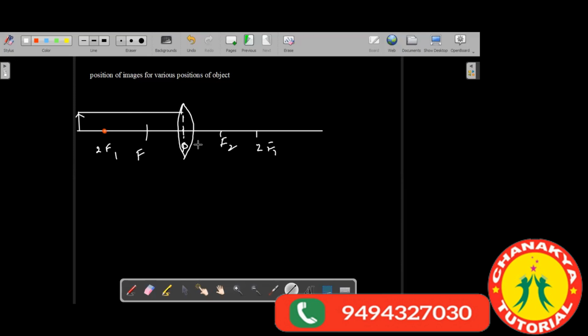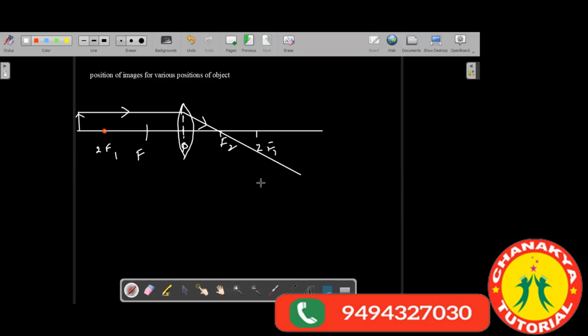So where will this ray of light pass when I'm taking the ray of light parallel to the principal axis? What will be the point? Will this pass through focus? See, I have taken a ray of light passing parallel to the principal axis, and after refraction, the ray of light passes through focus.